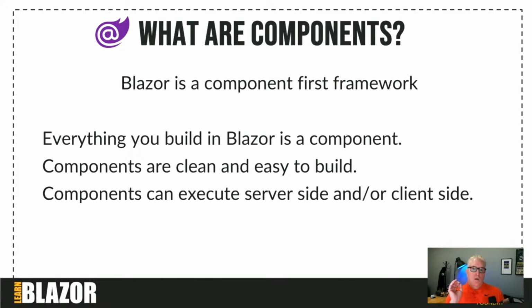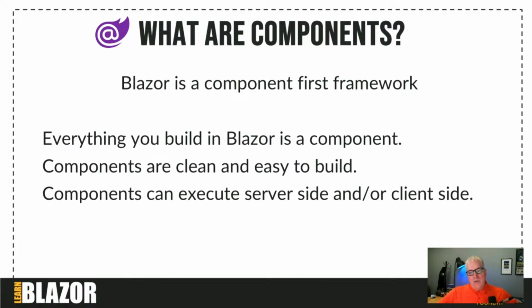Cool. Now, what's great about Blazor is that from the ground up, this is a component-first framework. Everything that's going on today in the other frameworks is we're tacking components onto these other frameworks, and they're not super well integrated.